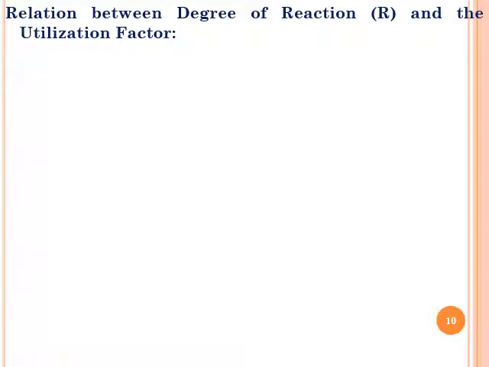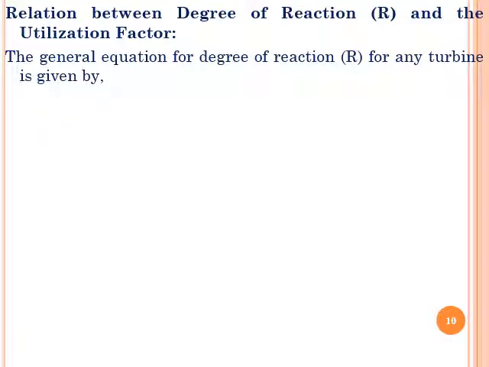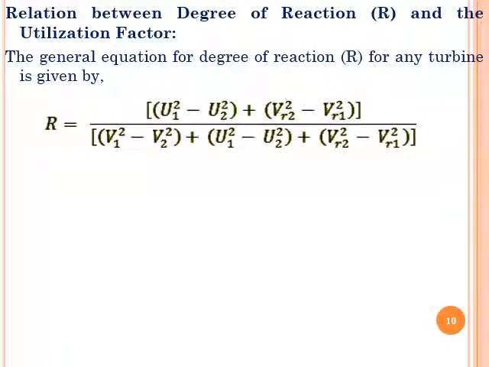Next, what is the relation between the degree of reaction R and the utilization factor? The general equation for degree of reaction R for any turbine is given by R equals U1 square minus U2 square plus VR2 square minus VR1 square, which is the static component, to the total component, the total head.